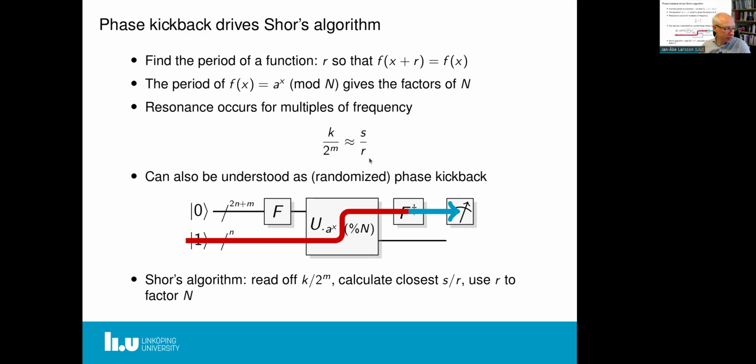So you get resonance for multiples of a certain frequency here, and that can also be understood as phase kickback. And I can't really go into the details here, but the number S here is actually a random number that you could think of as being present in the phase of the input, the target input.